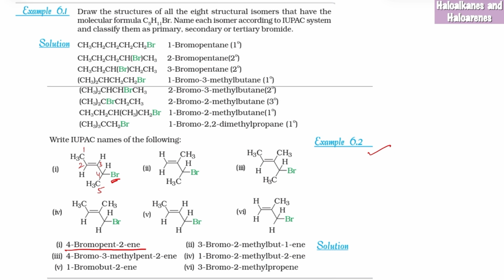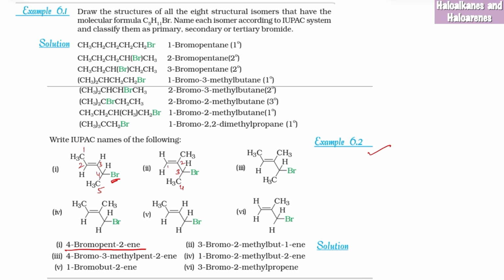Second one, again following the same rule, select the longest carbon-carbon chain, number the chain so that the doubly bonded carbon gets the lowest locator number. So 1, 2, 3, 4. 4 carbon chain, first and second carbon. Between first and second carbon there is a double bond.